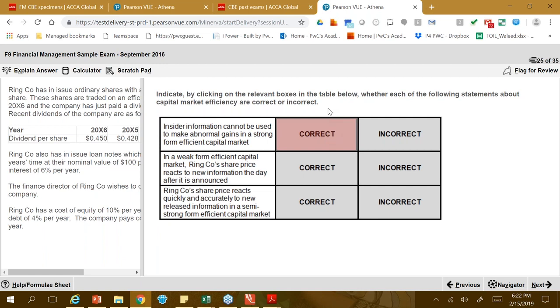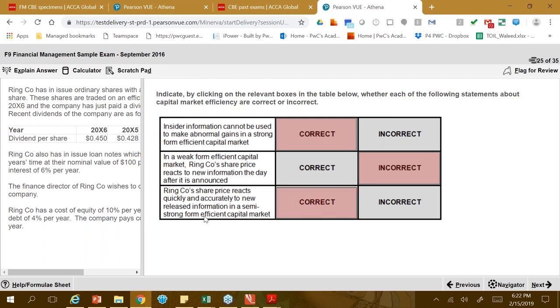In a weak form efficient capital market, Ring's share price reacts to new information the day after it is announced. Is it right? No, because in a weak form, we only consider the past information. And once it has taken the impact on share price, the share price doesn't change to the same information again. Ring's share price reacts quickly and accurately to new released information in a semi-strong efficient capital market, correct?